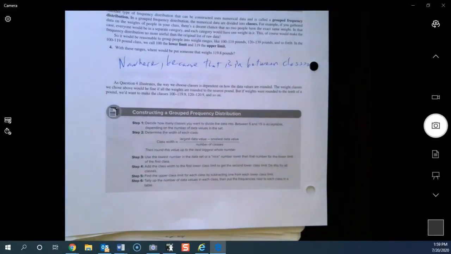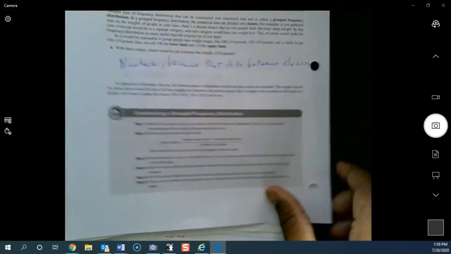Add the class width to the first lower limit to get the second lower limit. Do this for all classes. Find the upper class limit for each class by subtracting 1 from each lower class limit, and then tally up the number of data values in each class. Then put the frequencies next to each class in the table.